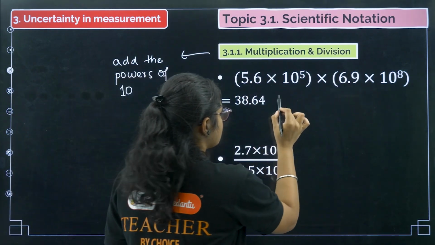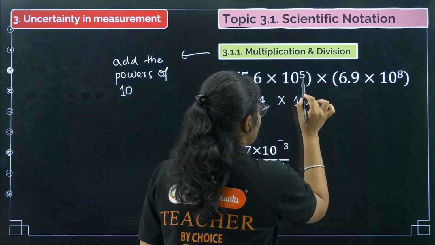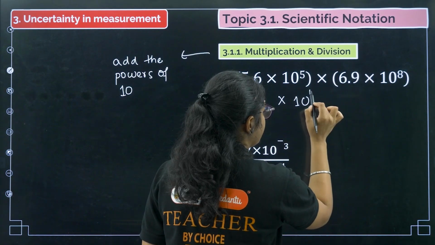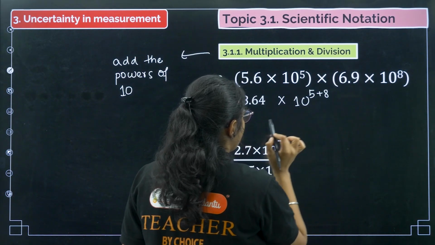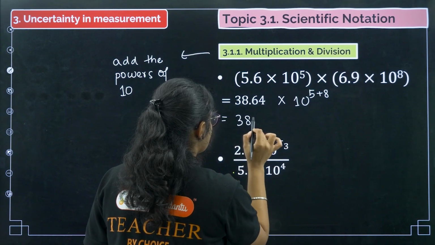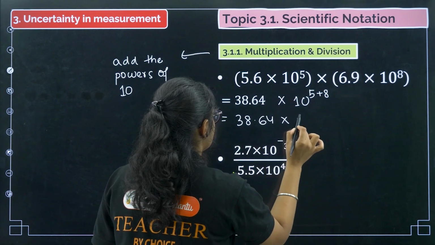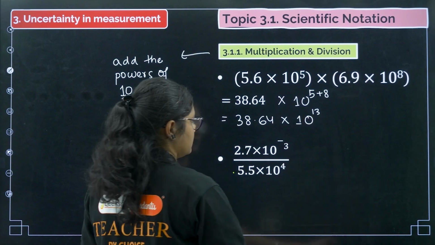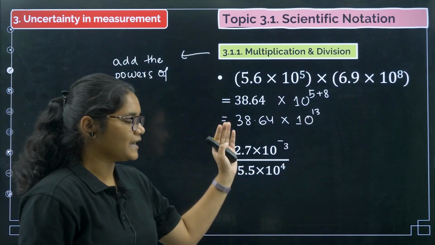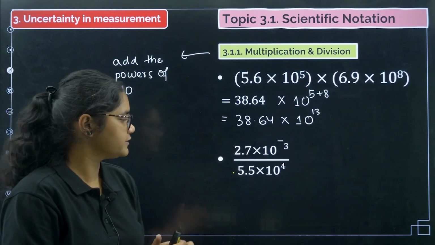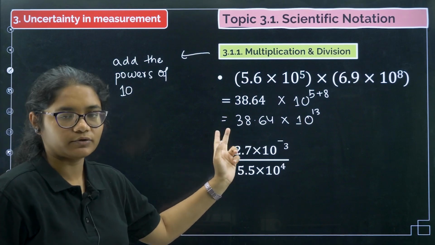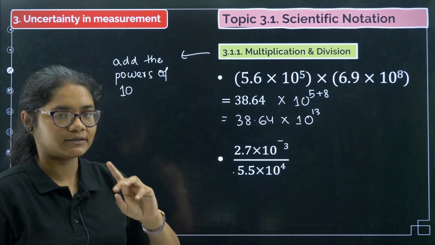Next, you have 10 to the power of 5 and 10 to the power of 8. So I will add 5 plus 8, and that will be 38.64 into 10 to the power of 13. Okay, but is it a scientific notation here? No, right? Because you can see there are 2 digits before the decimal, but I need only 1 digit before the decimal.